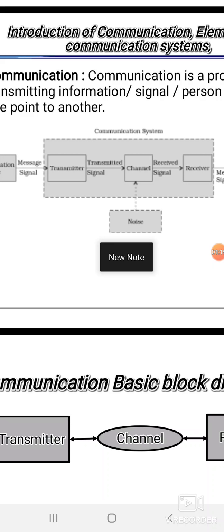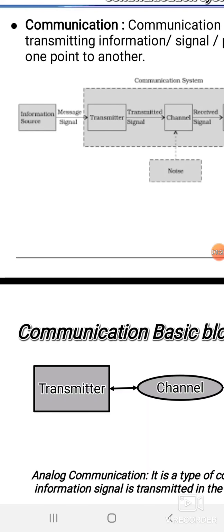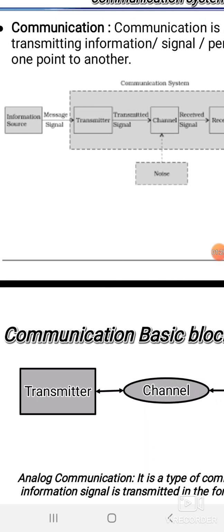The information signal, whatever we have to transmit, is generated by the information source, then given to the transmitter. As per the previous discussion, if we transmit the signal as it is without any modulation, the strength of the signal will go on reducing as the transmission distance increases. For example, if I am teaching in the class without amplification or any mic, the strength of the voice will decrease with distance.